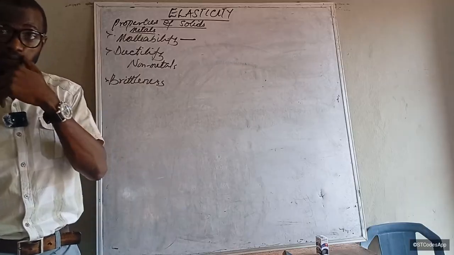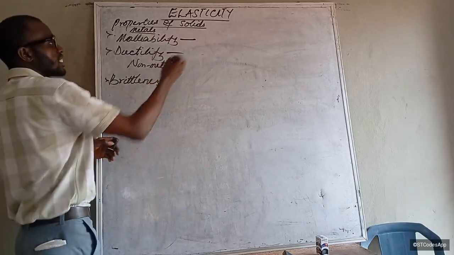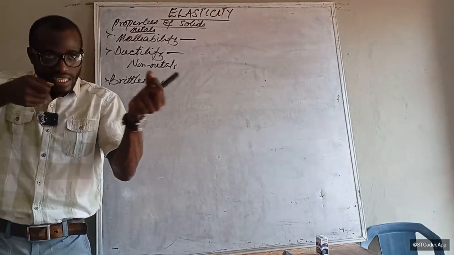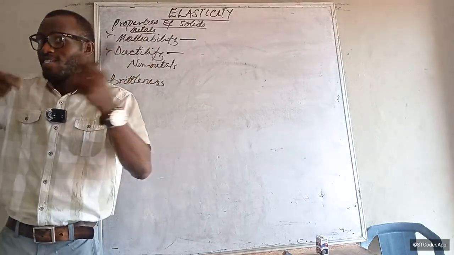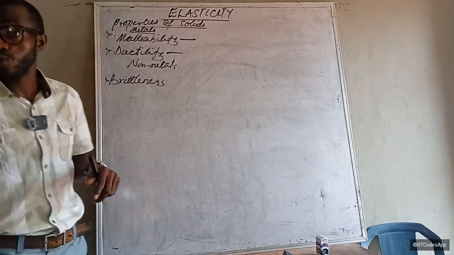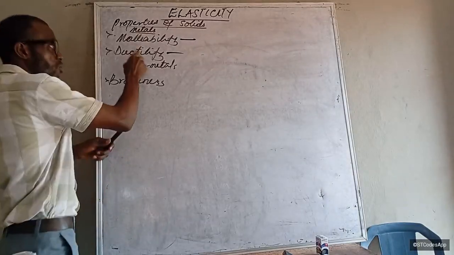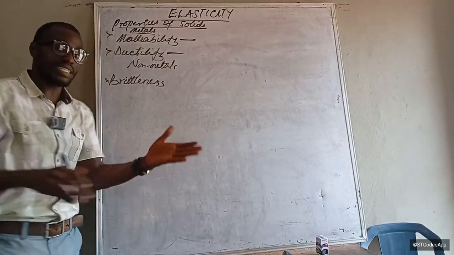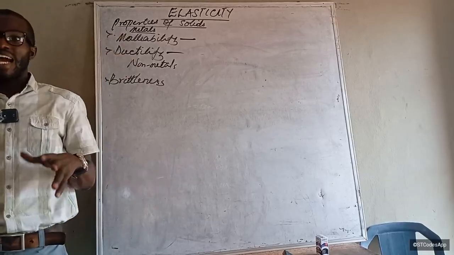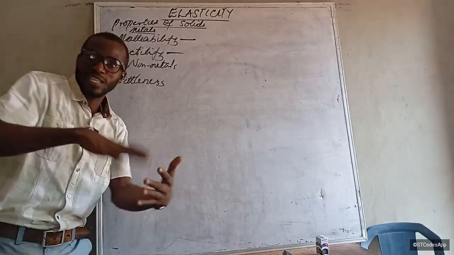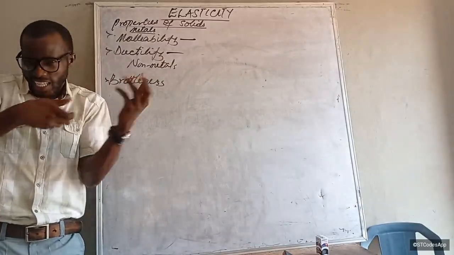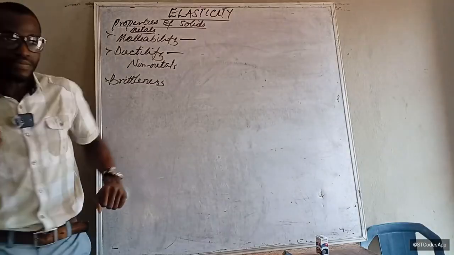Then ductility: you say something is ductile, it means you can stretch it into tiny wires. That's why we're able to make our cables from metals. So that's ductility. The way I remember it is malleability looks like hammer, like you are hammering something, so you beat it into tiny sheet. Ductile sounds like stretching, right?